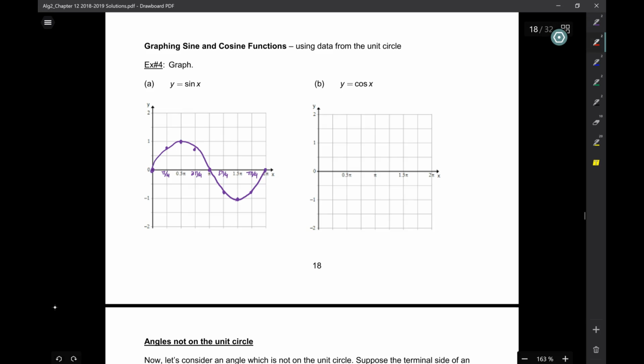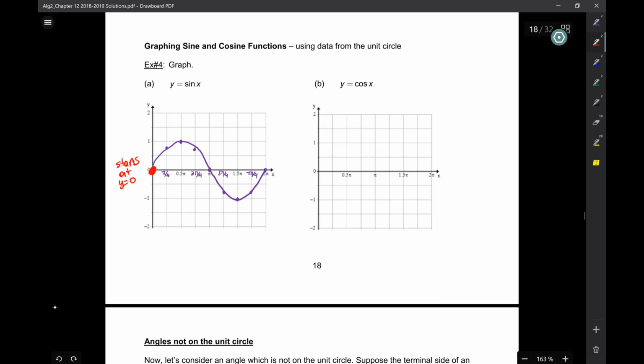Okay? What do I need you to take from this? When the angle is 0, what's the y value of the sine? What's the y value when the angle is 0? 0. So, it starts at y equals 0. Then where does it go? Up or down? Up.